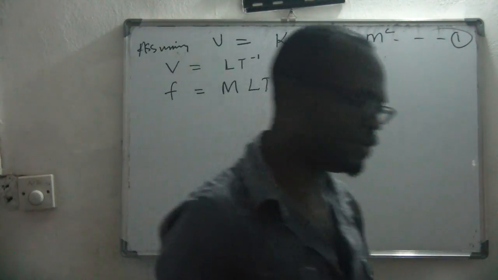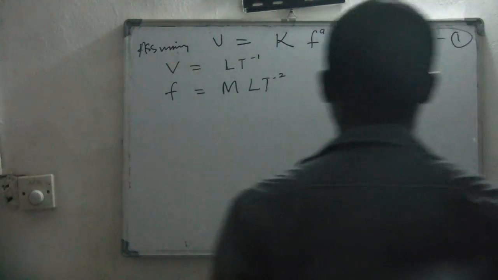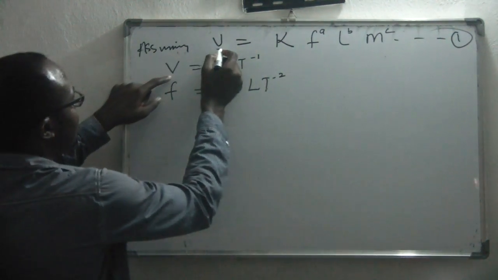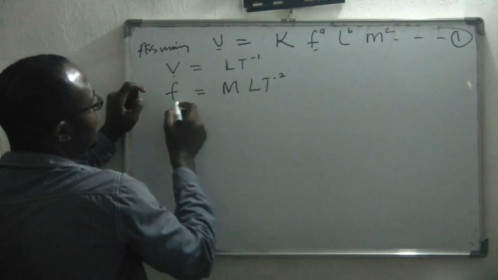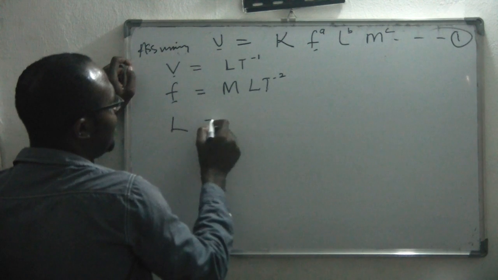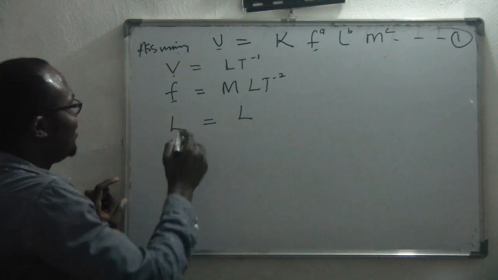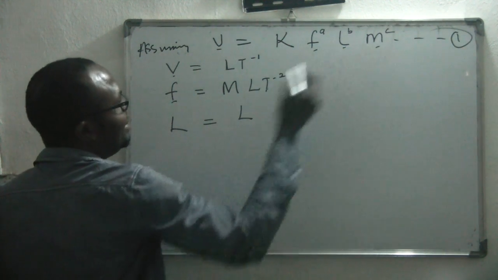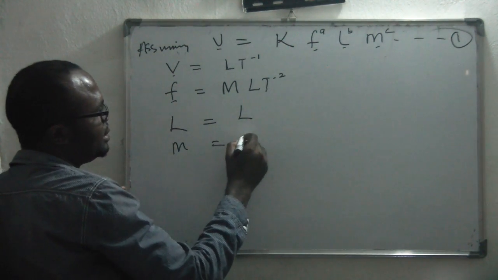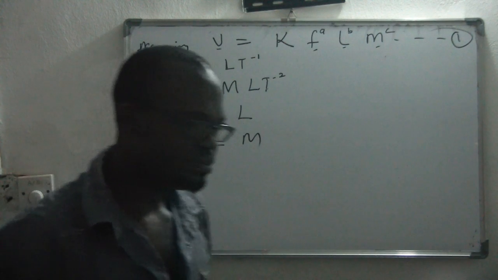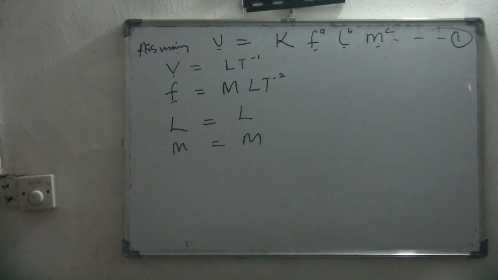So this is force. The other thing there is L. What is the dimension of L? L is L. And the last one, M, is M. Is that clear?